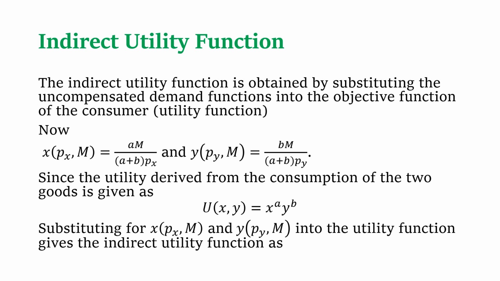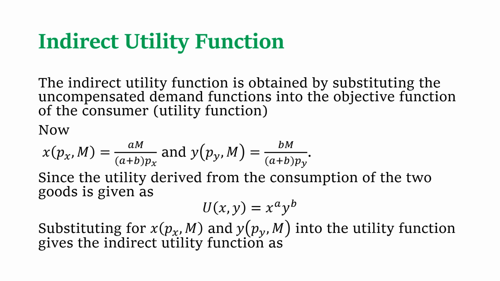Now, sometimes we obtain the indirect utility function, right? The indirect utility function is derived by just substituting the Marshallian demand function into the utility function. Originally, we have the utility function as U equals x to the a, y to the b.